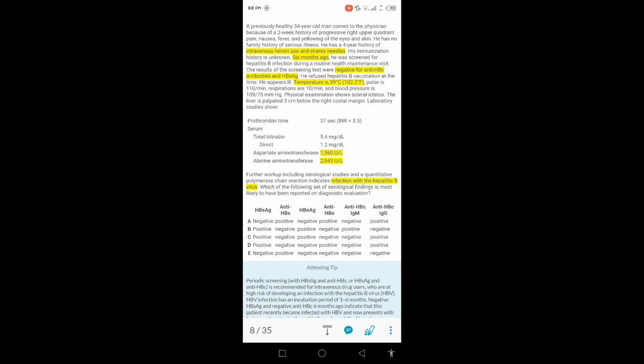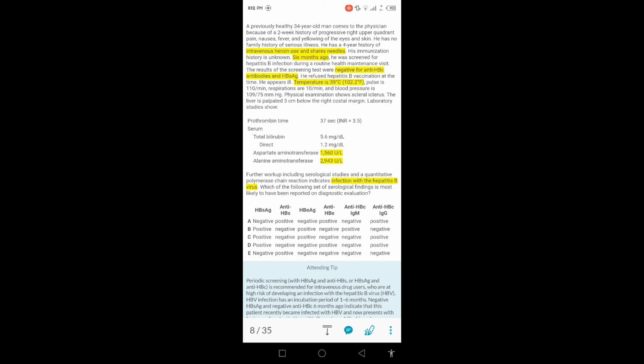This phase is called the window period. So usually what happens is when hepatitis B surface antigen is positive in acute infections, during the period, the antigen is converted into antibody. So the patient presents between this period. This is called seroconversion or window period. So how are we going to define that this patient has an acute infection?